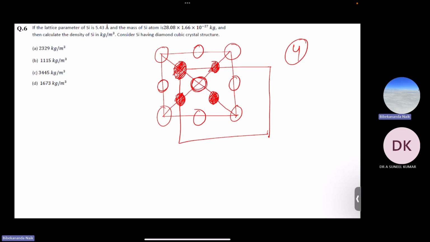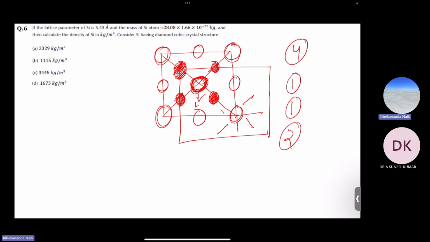So these 4 will contribute 1, and these 4 will contribute 2. How? This one is present completely inside, so it will contribute 1. But these are present at the corner, so they will contribute to 4 other crystals: 1, 2, 3, 4.